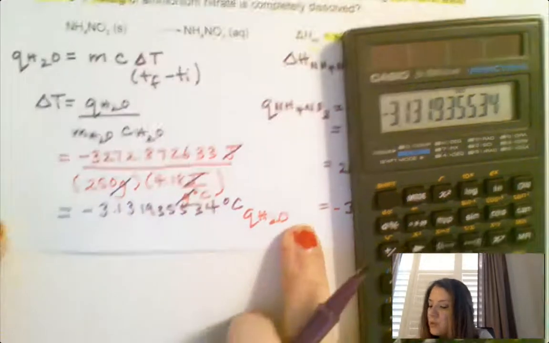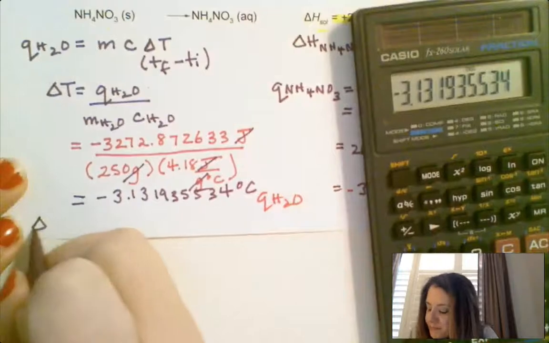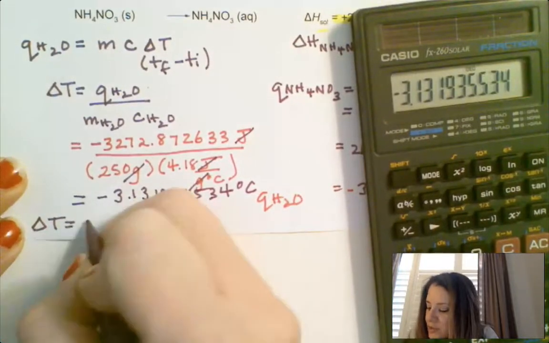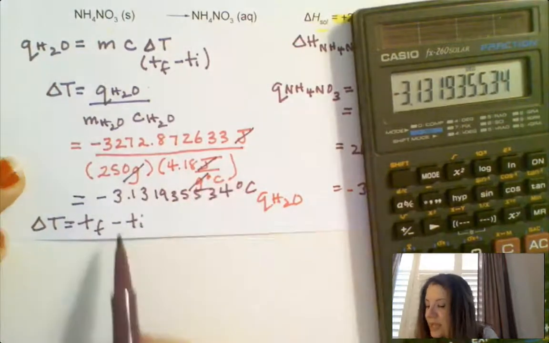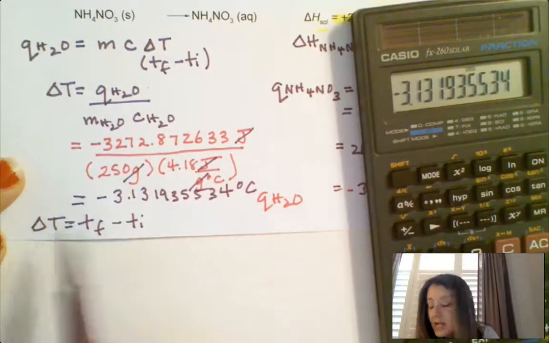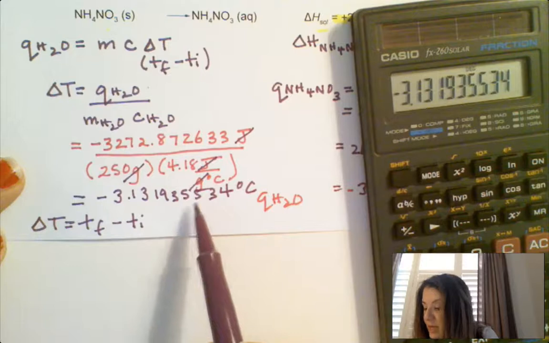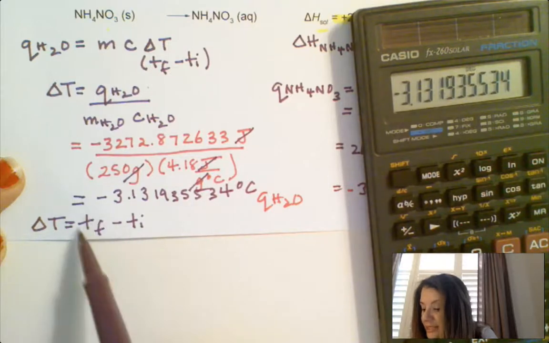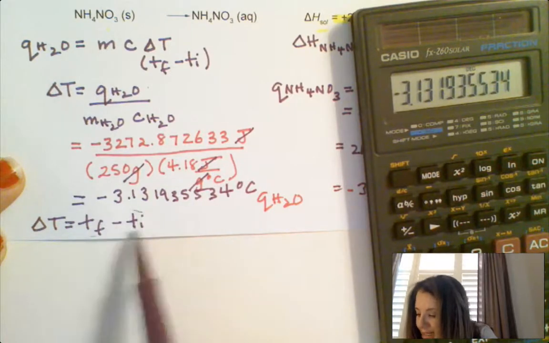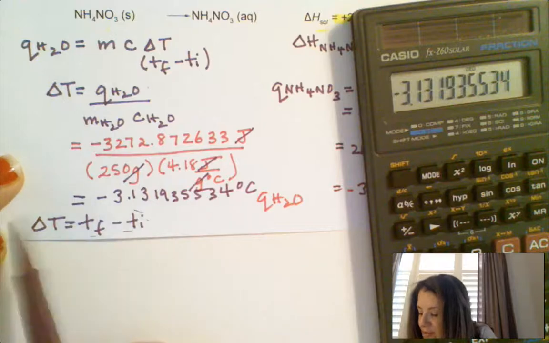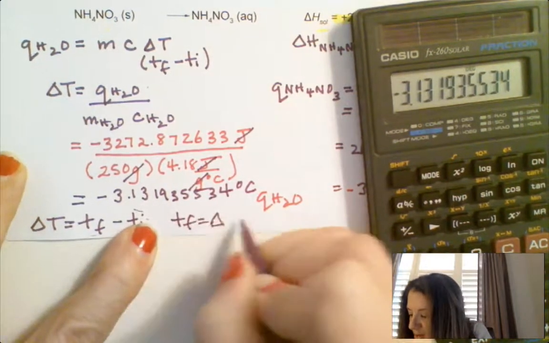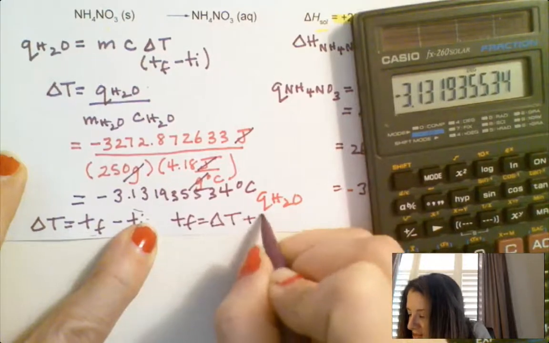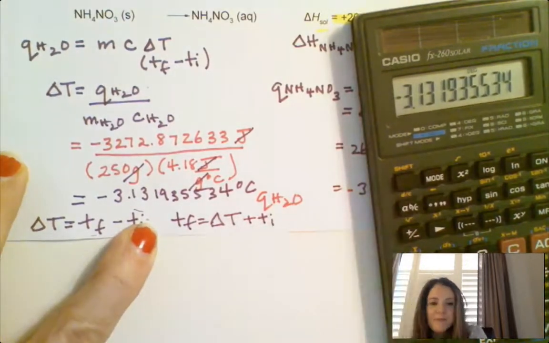So what I do know is delta T equals final minus initial. If I rearrange this, because I have delta T now, if I want to get TF by itself, I bring TI to the other side of the equal sign. So TF is going to equal delta T plus initial temperature.